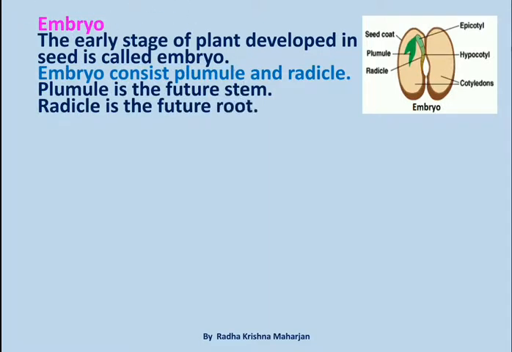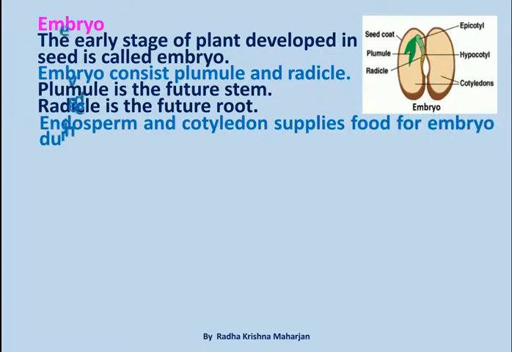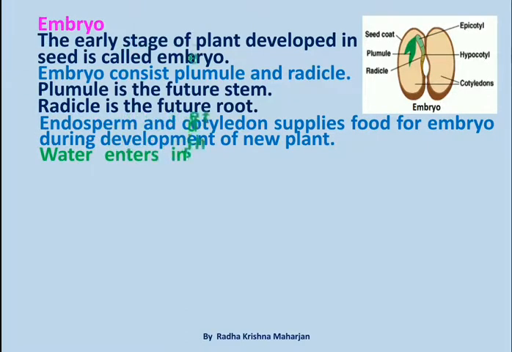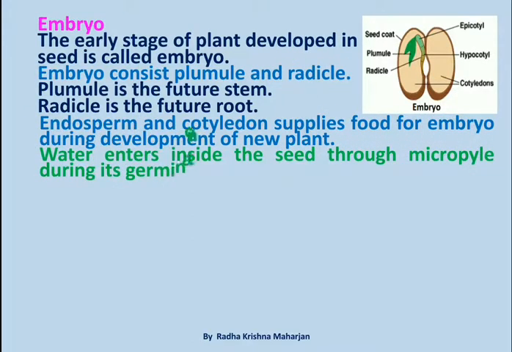Radicle is the future root. Endosperm and cotyledon supply food for embryo during development of new plant. Water enters inside the seed through micropyle during its germination.